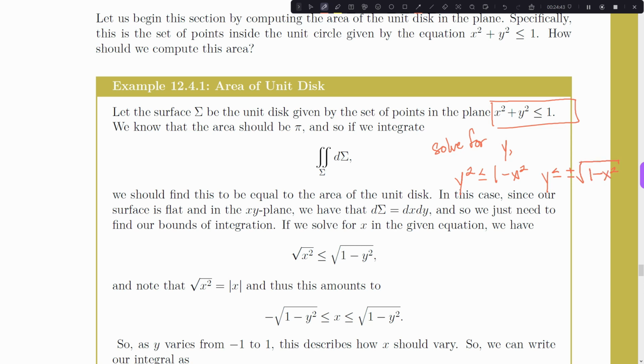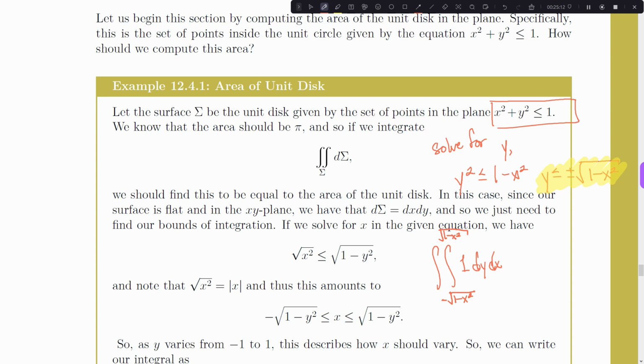Which means when I'm doing my double integral of 1 dy dx, the region which y is integrating over goes from negative root 1 minus x squared to positive root 1 minus x squared.